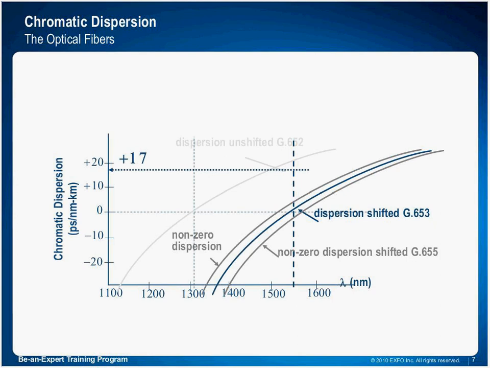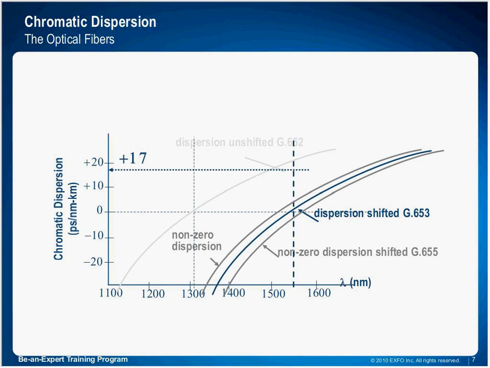So what we have here is a graph of the different types of fiber. The top curve, which is actually very pale here, says dispersion unshifted. That's G.652. That's your typical standard telecom fiber that's going to be found in many places. And if we look at the value on the x-axis of 1550 nanometers, that's where we have that vertical dotted line.